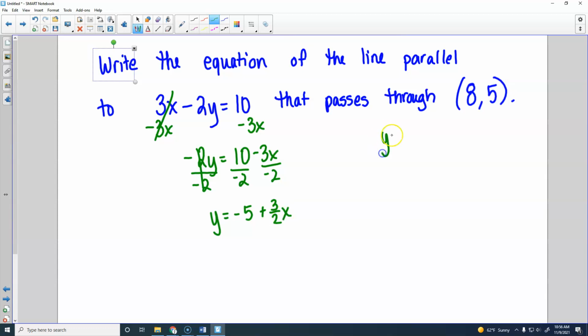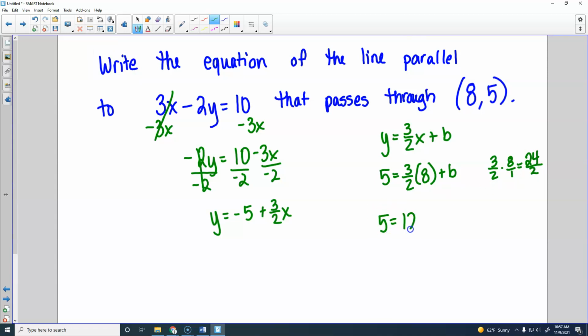So we've got y equals 3 halves x plus b. And so we'll put the 5 right here and the 8 right here. So 3 halves times 8 over 1 is going to give you 24 over 2, which is 12. So 5 equals 12 plus b.